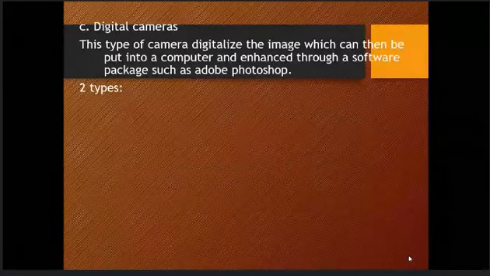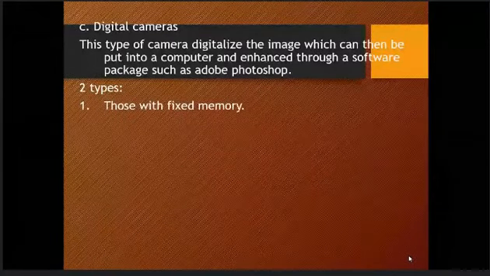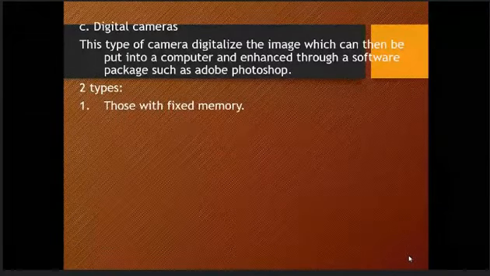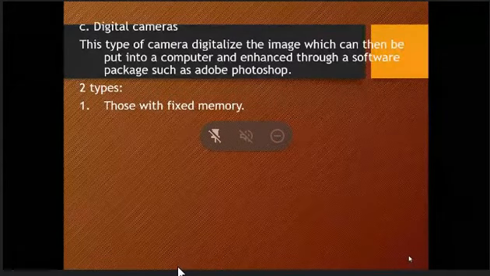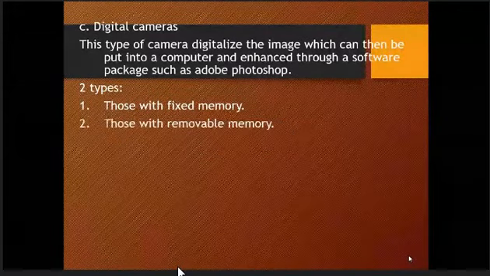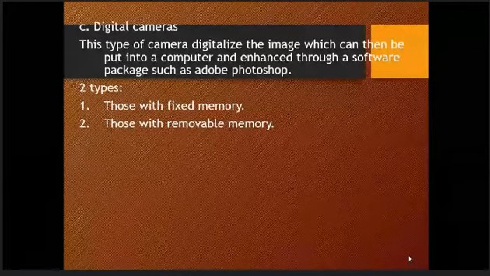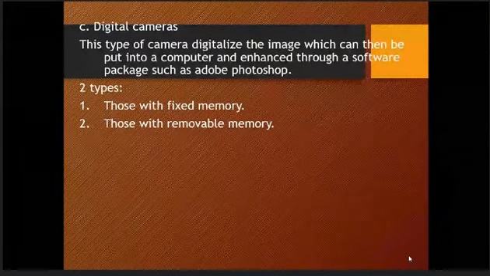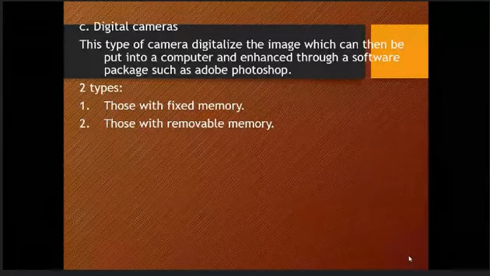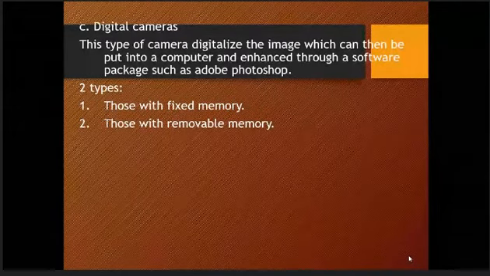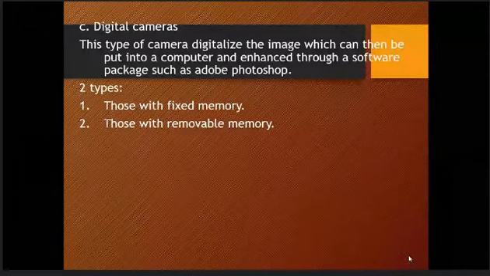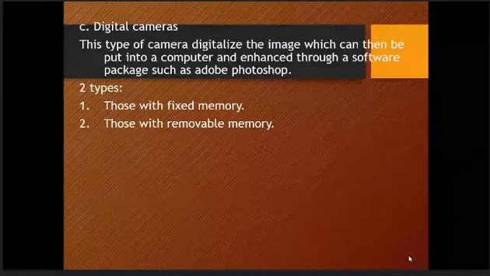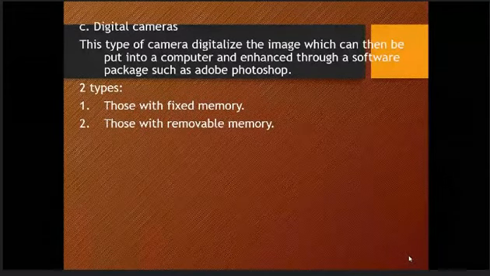There are two types of digital camera: those with fixed memory, meaning no memory card, and those with a memory card or removable memory. When it is full, you erase, or you take out the memory card.